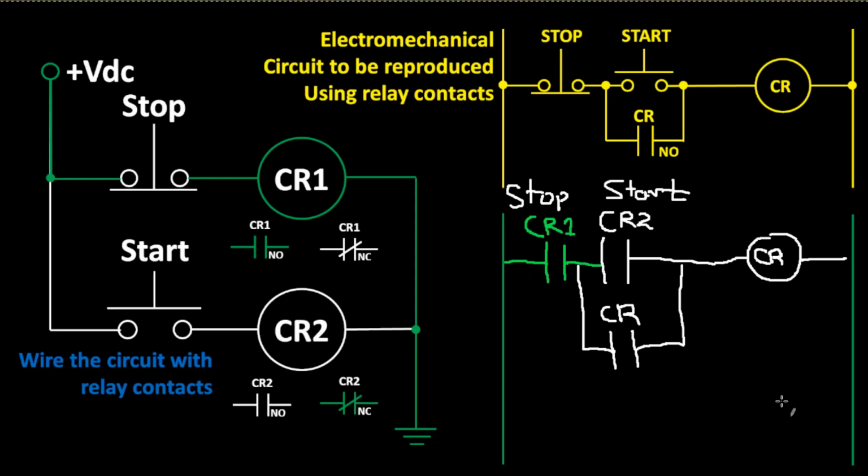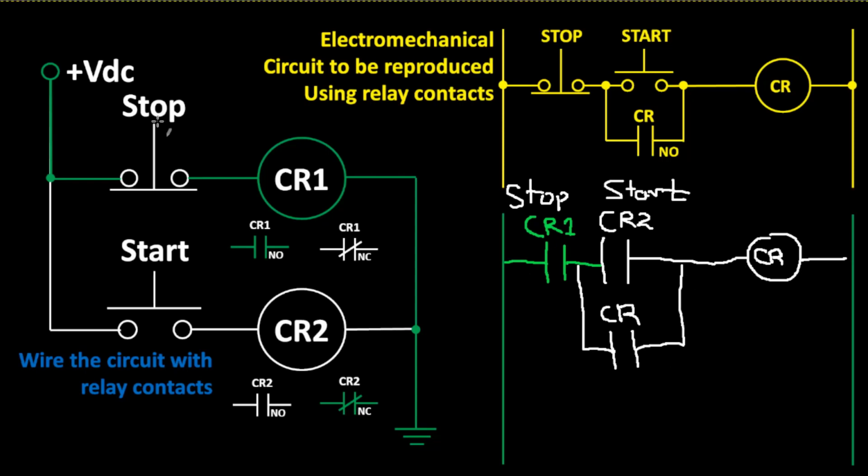And when CR2 energizes, the normally open contacts will close. That will close these contacts. I will then have power flow through CR1, CR2 to turn on CR's coil, which will then close its normally open contacts, so that when I release it, I will have power flow through CR.